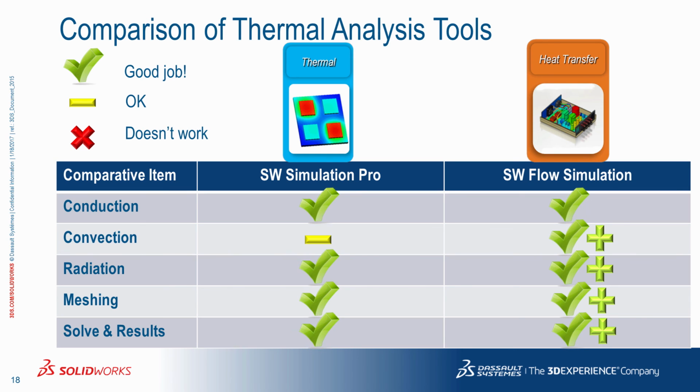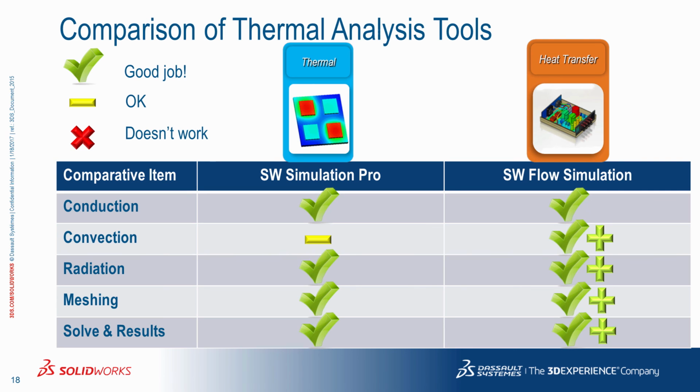And then for solving and the results, again, I'm just going to give a check mark to the thermal analysis. The SOLIDWORKS Flow Simulation does a much better job in visualizing the results and doing animations and things like that. Again, I just have to give this a check plus.